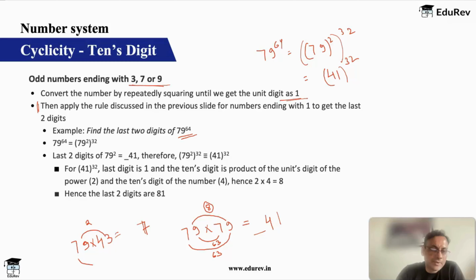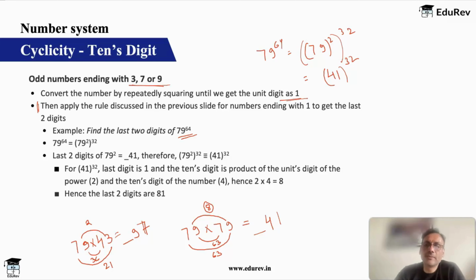Then you multiply the extremes and the means. So 7 into 3, you get 21. 9 into 4, you get 36. So 36 plus 21 is 57, 57 plus 2 is 59, so 9, and the remaining I'm not concerned about. So that's how you will get the last two digits wherever required, and we'll need that a lot of times.